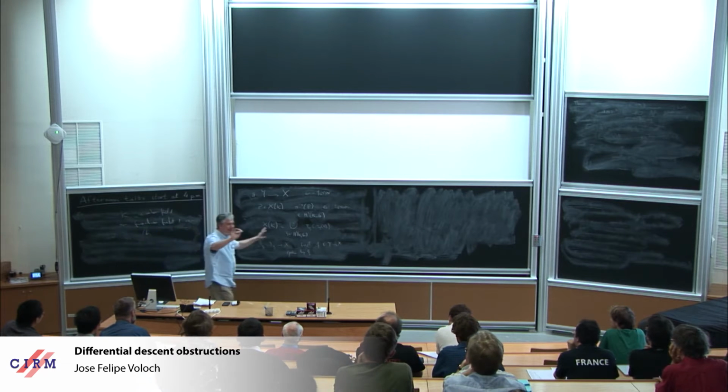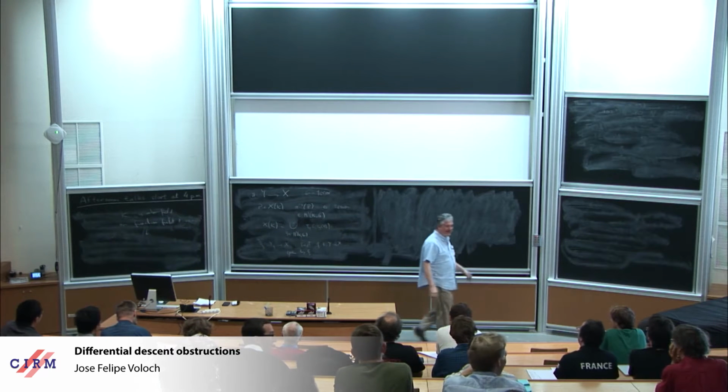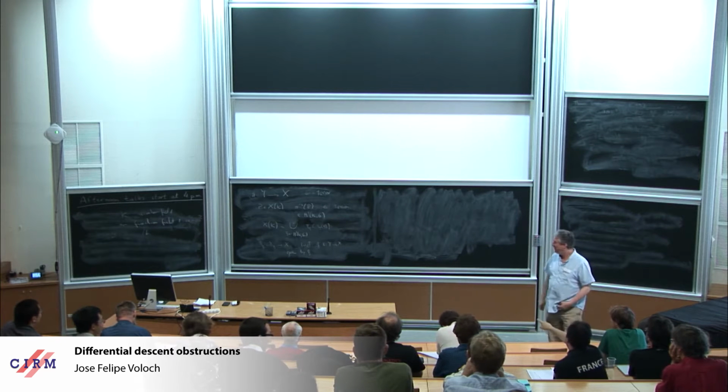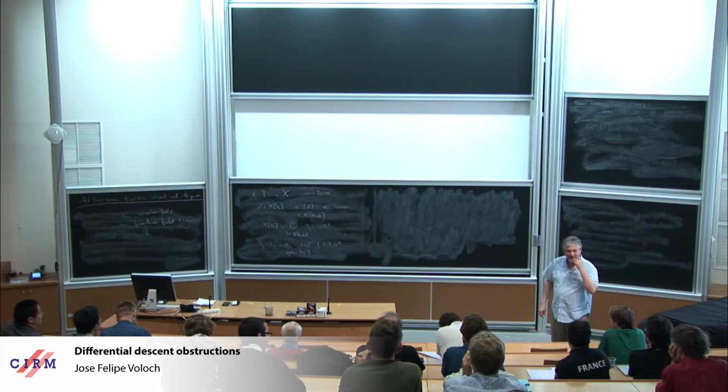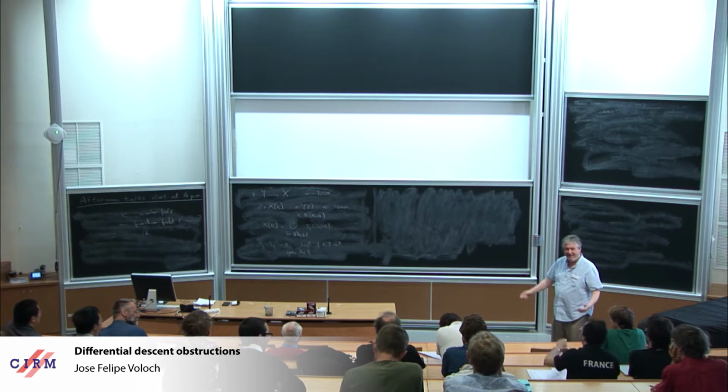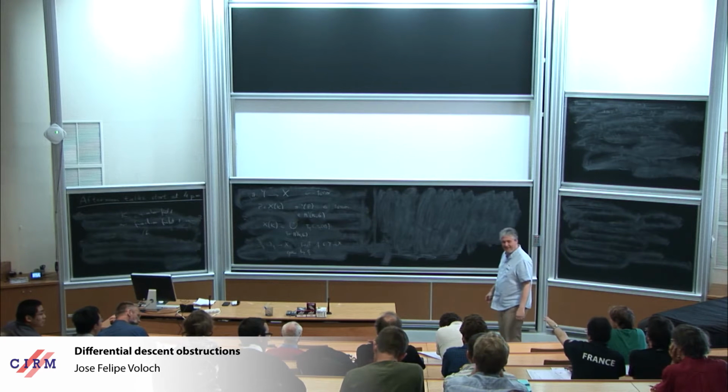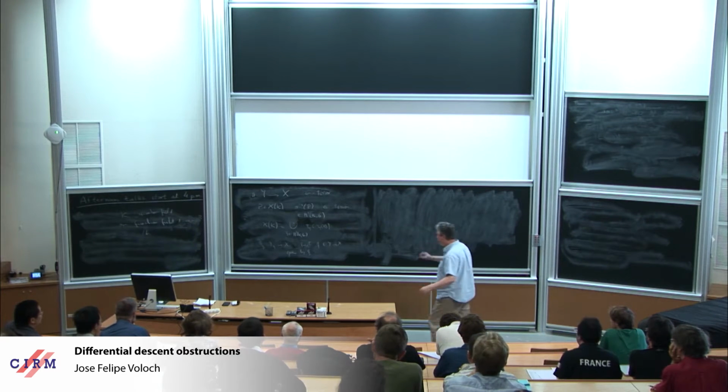Yes, I'm going to be living dangerously, all right? I don't think it's going to hurt me very much. This does not depend on the choice if you change the cocycle within the same class. I mean, the torsor itself depends, but not the set. So yes, everything is fine.